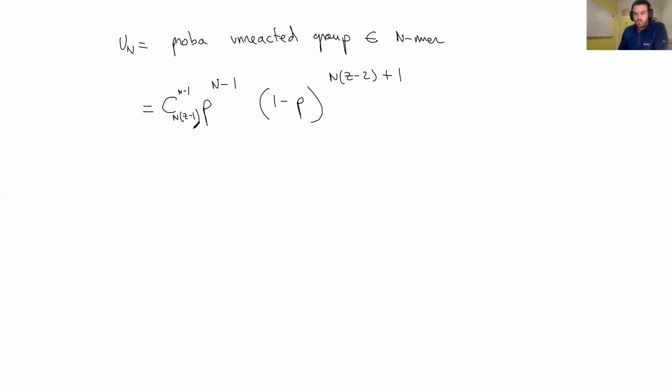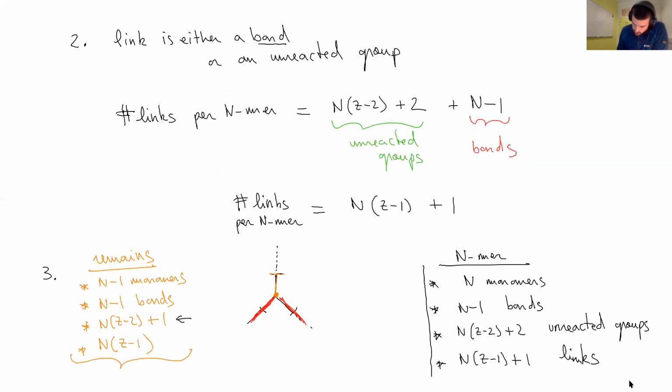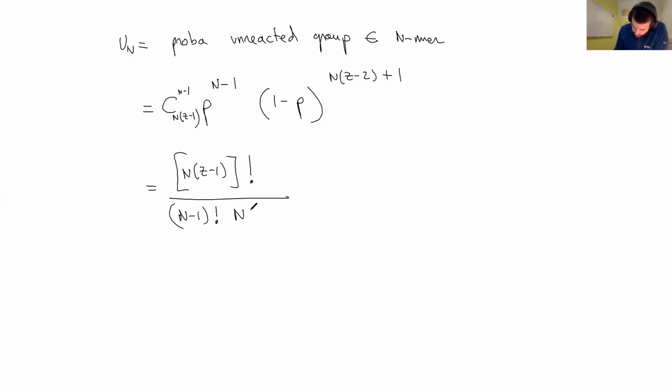Okay. And so this is my notation for it, perhaps you note it differently. It's the factorial of this guy and the factorial of this guy and the factorial of the difference between the two, which is exactly nz-2 plus 1. So this is the combination.